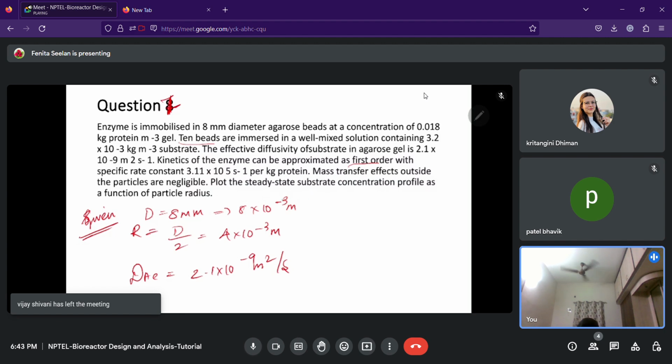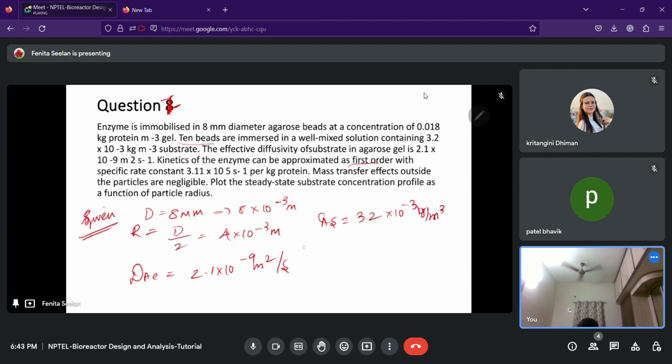As it is given that mass transfer effects outside the particle are negligible, in the absence of any external mass transfer effects we can take the concentration of substrate solution as 3.2 into 10 power minus 3 kg per meter cube.